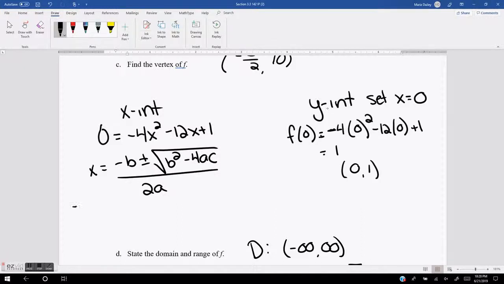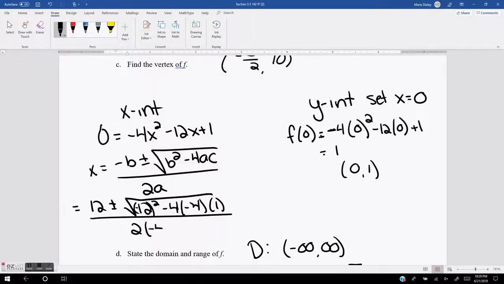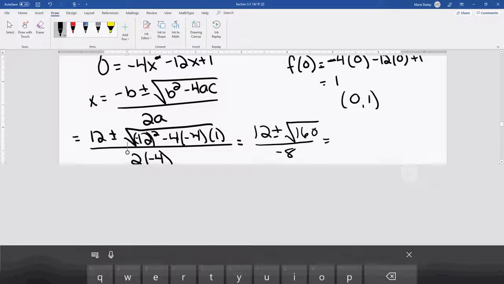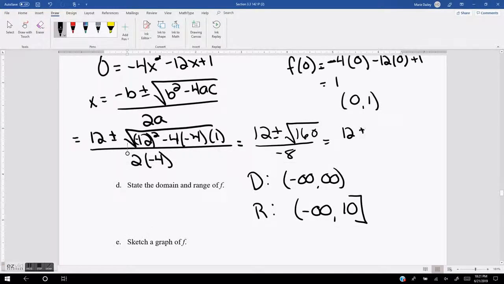So that'll be 12 plus or minus the square root of negative 12 squared, minus 4 times negative 4 times positive 1, all over 2 times negative 4, which will be 12 plus or minus the square root of 160 over negative 8, which is 12 plus or minus 4 square roots of 10 over negative 8.